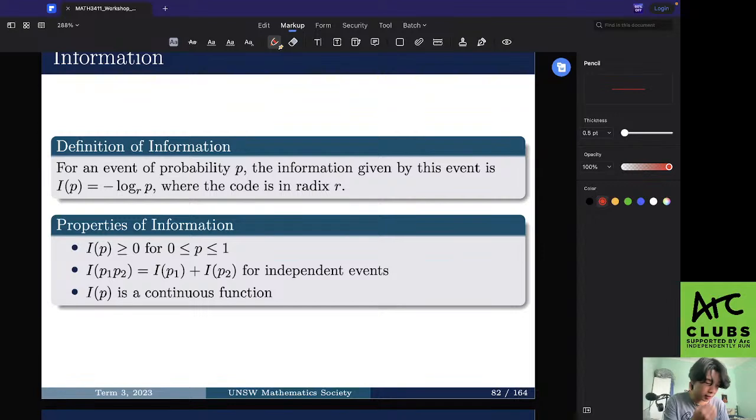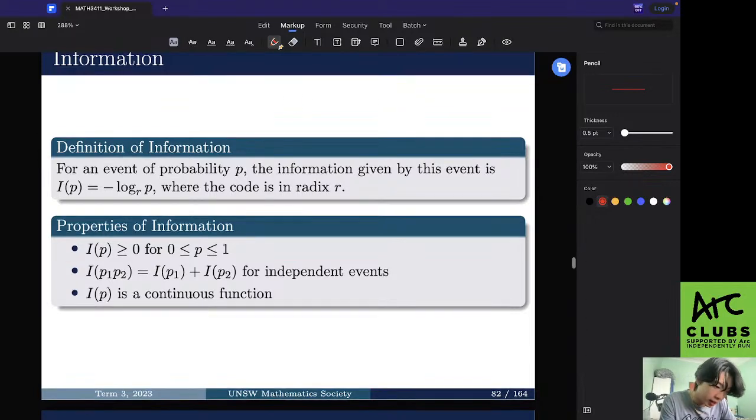The next one is if two events happen, let's say we get S1, S2, and these two are independent, then their probability would be 0.99 times 0.01. But we also want the information that we get from getting these two symbols to be the same as getting the information of the first symbol, S1, and then getting the information of the second symbol, S2.